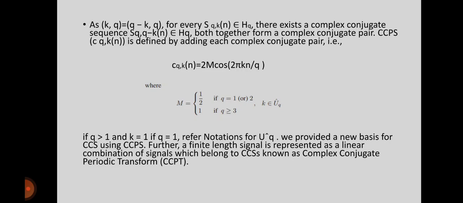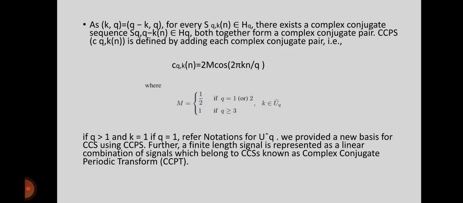The complex conjugate pair sum is obtained by adding each complex conjugate pair, that is, c q comma k of n is equal to 2m cos of 2 pi kn by q. Here m is equal to 1 by 2 if q is equal to 1 or 2, or else m is equal to 1 if q is greater than or equal to 3.